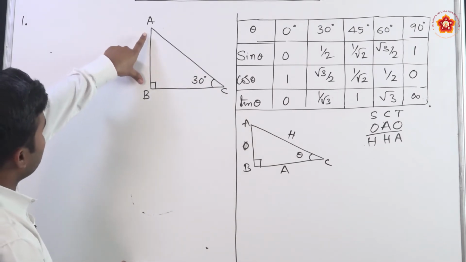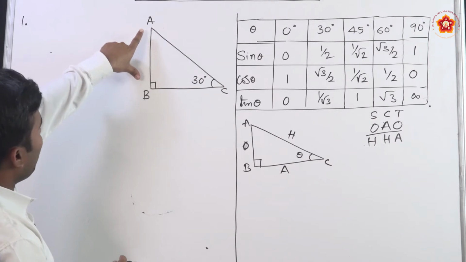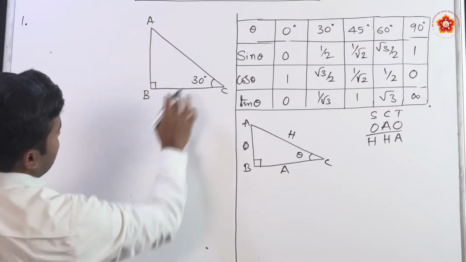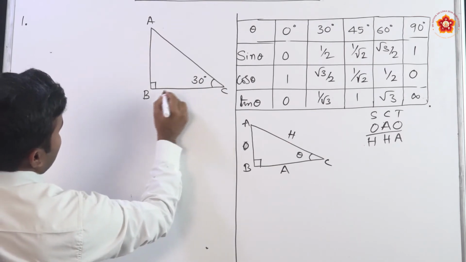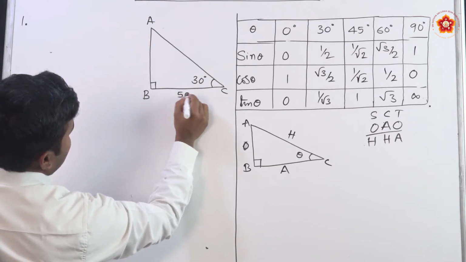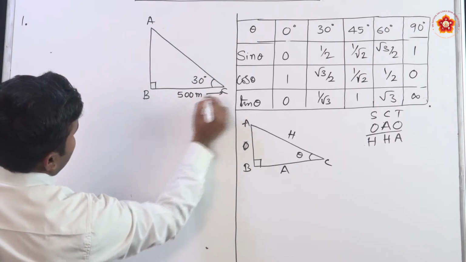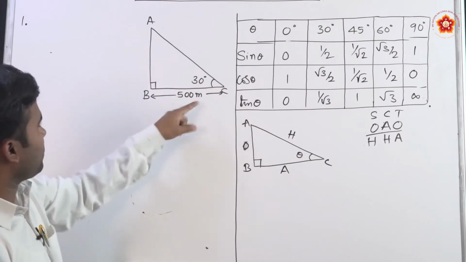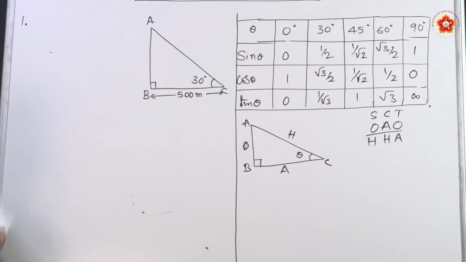I can consider AB as the tower, the height of the tower, and this is what we are going to find by using the angle of elevation. And this distance they have given as 500 meters. The distance between the foot of the tower and the observer is 500 meters. By using this, we are able to find the actual height of the tower.